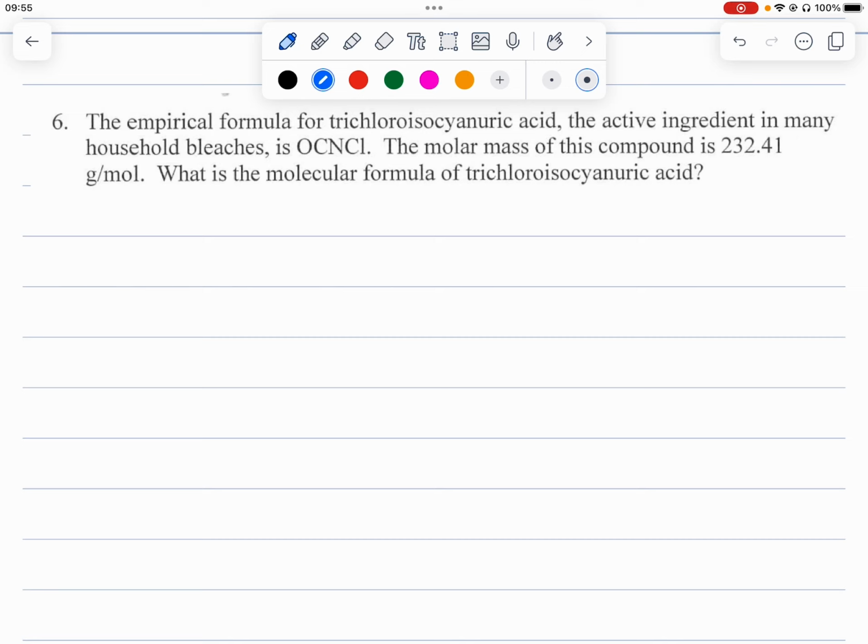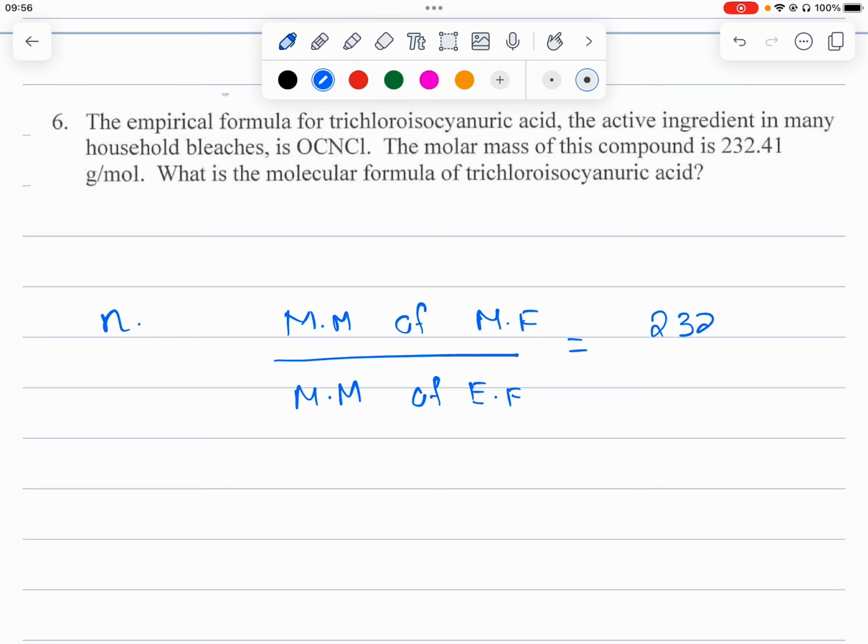What is the molecular formula for this one? So we have to find n. So what is n? It is the molar mass of the molecular formula divided by the molar mass of the empirical formula. The molar mass of the molecular formula is 232.41, whereas the empirical formula you calculate.